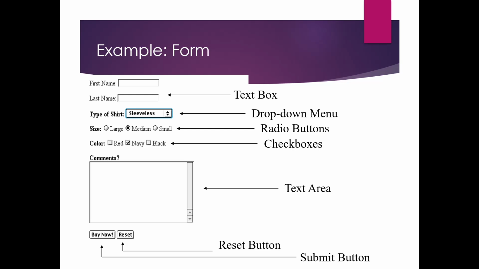So the information entered in both differs only in size. Otherwise, the work remains the same. And Buy Now and Reset are the buttons. With the help of these buttons, you can either submit your form or reset whatever you have entered and fill a new form.